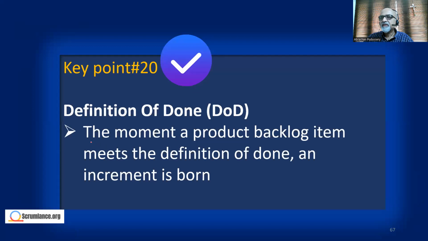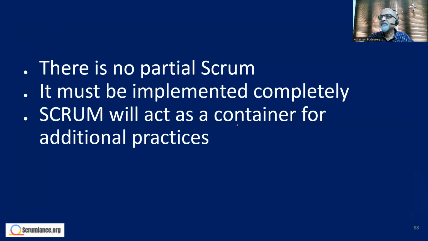The moment the product backlog item meets the definition of done, an increment is born. That is fine. Now, before I conclude, there is no partial Scrum. Either you do it in its entirety or you don't do it. It must be implemented completely.